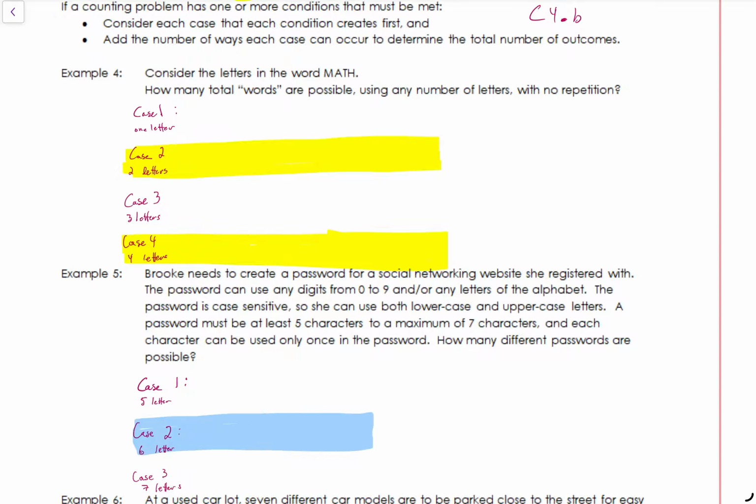I'm just going to put the word or here. Now, generally speaking, more often than not, if we say the word or, it implies an addition will occur. If we use the word and, it will imply multiplication.